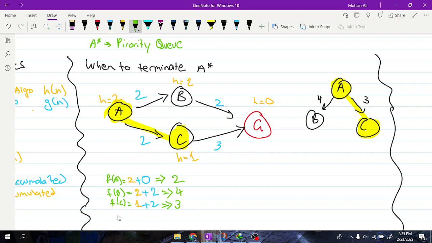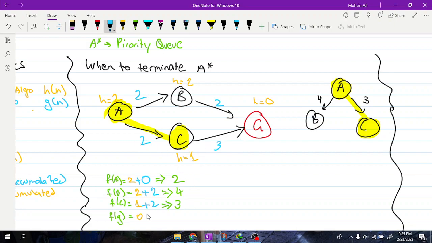So if I calculate my f of G over here, then this is going to be how much? The heuristic cost of the goal itself is just 0 because I have reached the goal, and the path cost is now going to be accumulated.